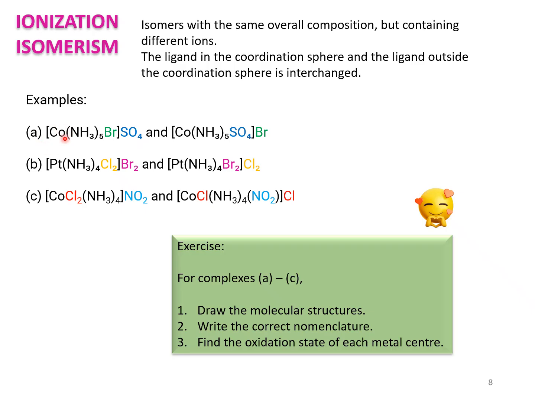What is the oxidation state of this cobalt? Sulfate carries -2. So the whole complex here is now +2. Ammonia is a neutral ligand, so it's 0 charge. Bromide carries -1. So cobalt here is cobalt 3. So the nomenclature will be pentaamine bromo cobalt 3 sulfate.